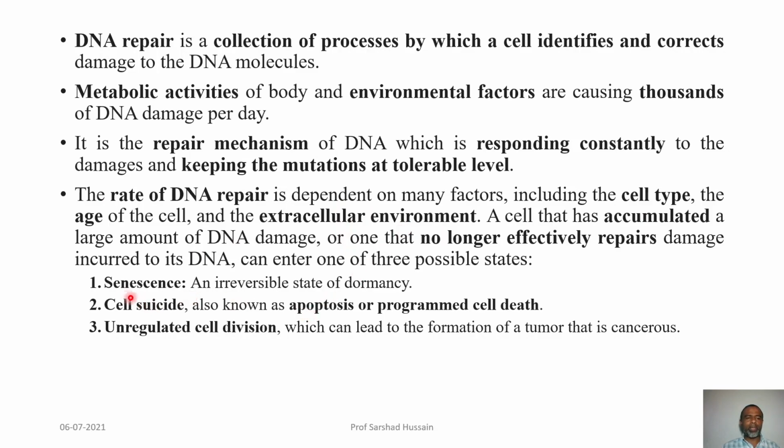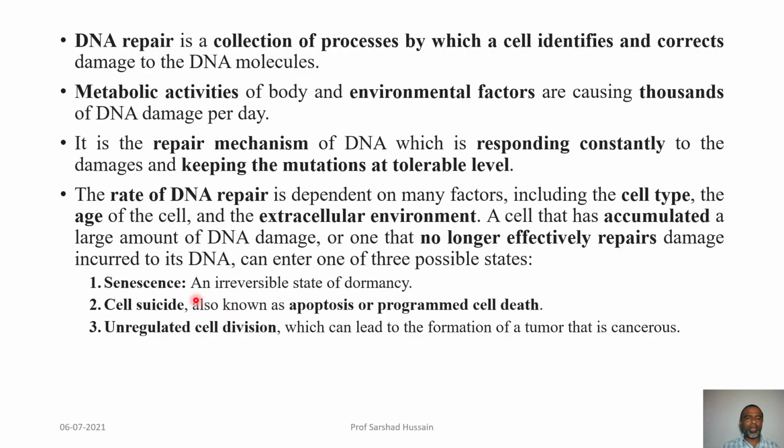Or the cell may go to suicide, which is called apoptosis or programmed cell death, so that it may not replicate the high level of mutagens in the newly formed cells.